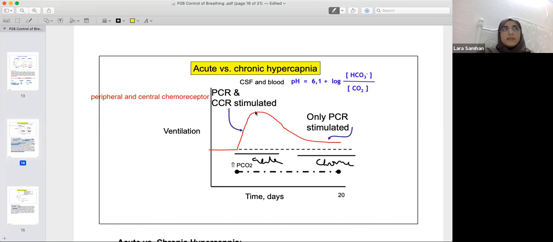Excellent. That means the body is trying as much as possible to compensate for the CO2, get rid of it, and have oxygen in the blood or in the body. Amazing. Suddenly we can see, unfortunately, the graph is decreasing. We can see the first difference is that the graph is decreasing. In other words, the ventilation is decreasing. And we still have this PCO2 stimulus continuing.